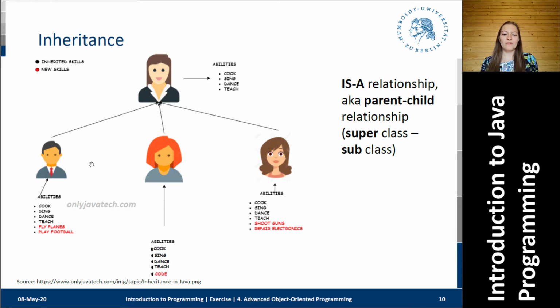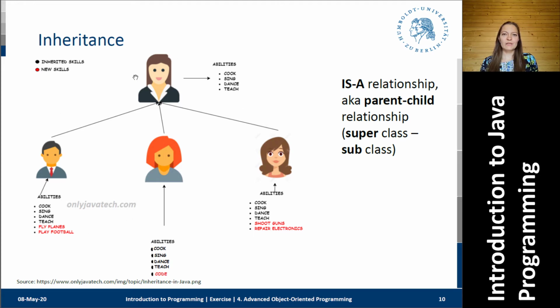Every one of those kids will inherit the same abilities from their parent: cook, sing, and dance. So you see that every kid has the same abilities. However, every person has also additionally their own abilities, so to say, new skills.